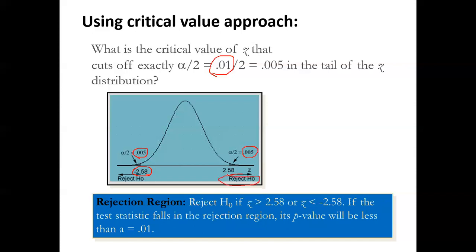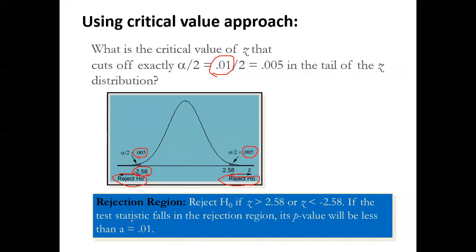So we are going to reject our null hypothesis if our Z value is greater than 2.58 or our Z value is less than negative 2.58, that is approaching to the left. So this is going to be the rejection area.